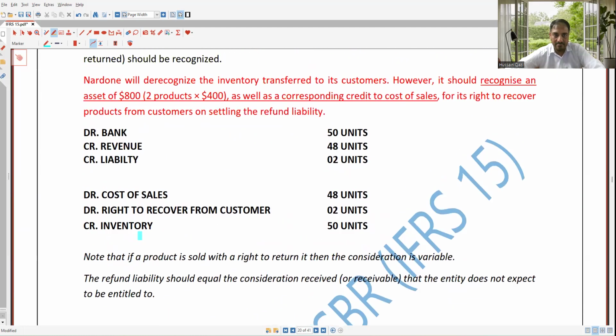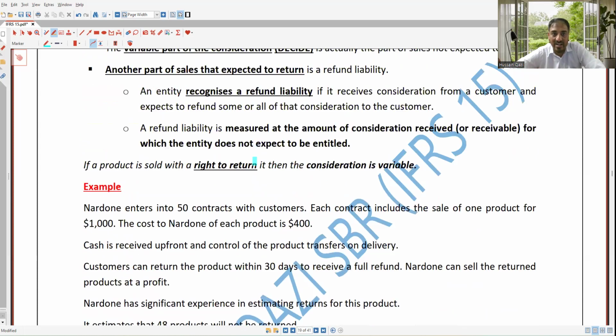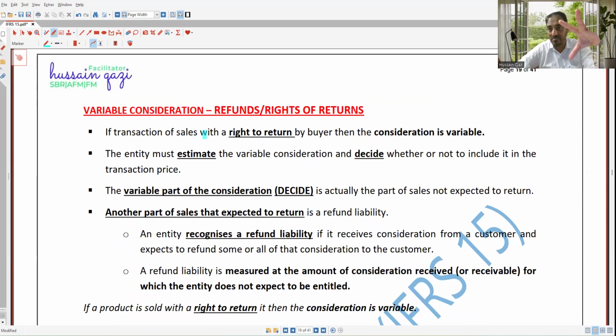Now the next example. Very important example, same with respect to variable consideration. Students, once again, what we are discussing is step number 3, transaction price, and the complications. The first complication is about variable consideration.